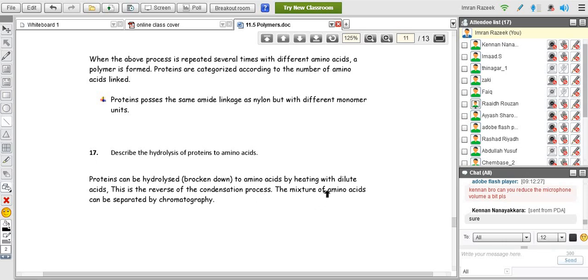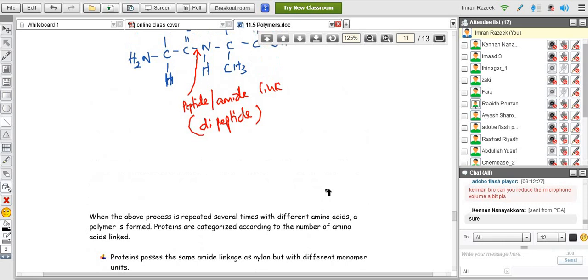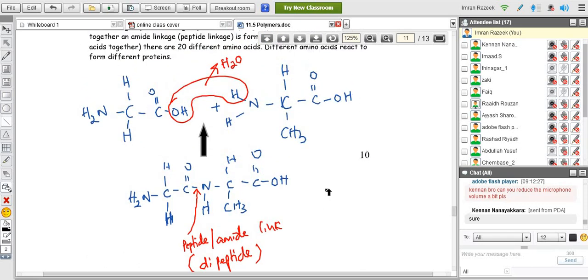The mixture of amino acids can be separated by chromatography. I think we had discussed this chromatography technique where you have to use a ninhydrin spray, because the spots are invisible, so we can visualize them using ninhydrin spray. Chromatography can be used to identify and detect the presence of these amino acids.